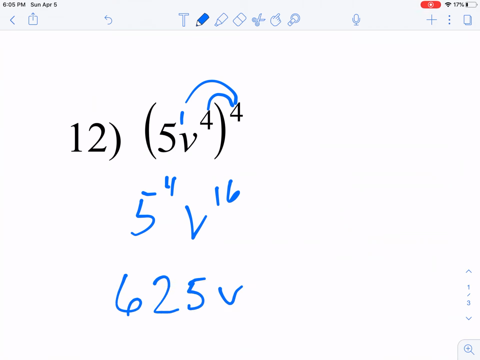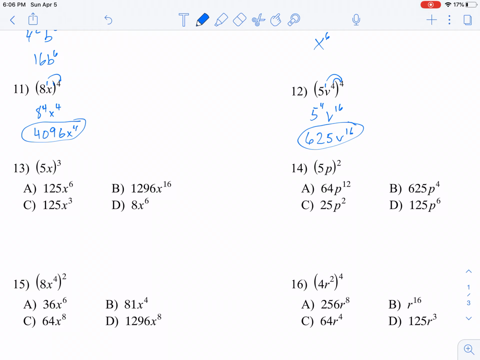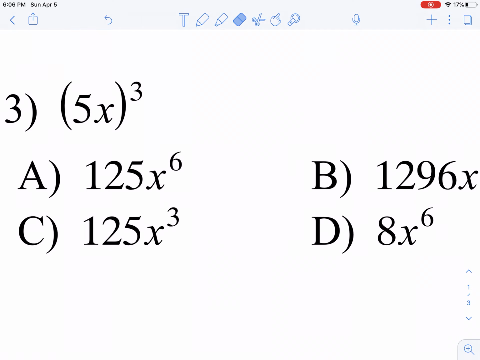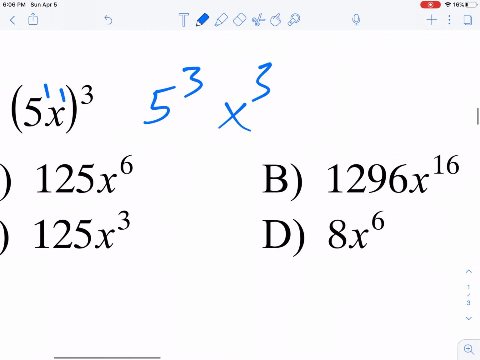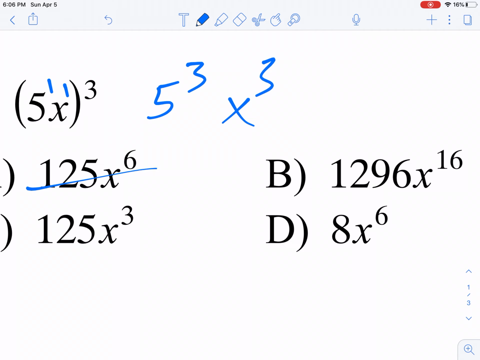Your assignment today is going to be a Canvas assignment. You're going to do similar problems that we just went over here. There's 15 of them. They are multiple choice, so you'll go through and you'll select. But if we even just look at these ones, we can say, okay, 5 to the 1st, x to the 1st. We get 5 to the 3rd, and x to the 3rd. Well, you can quickly see, well, not going to work, not going to work, not going to work.